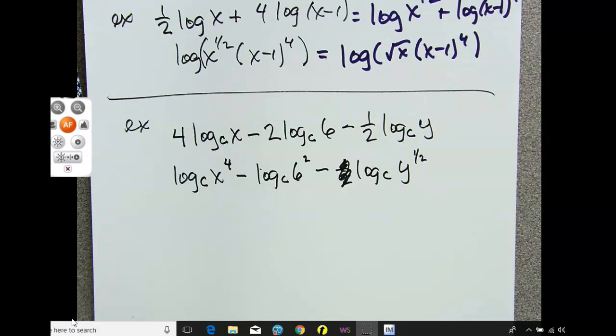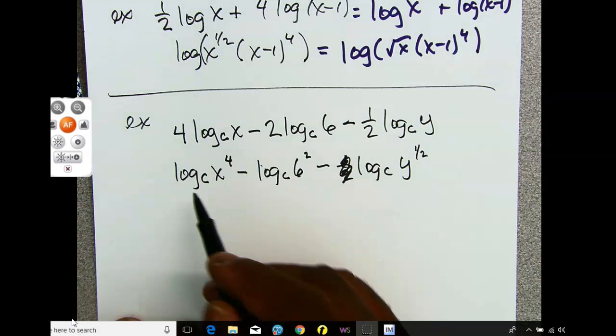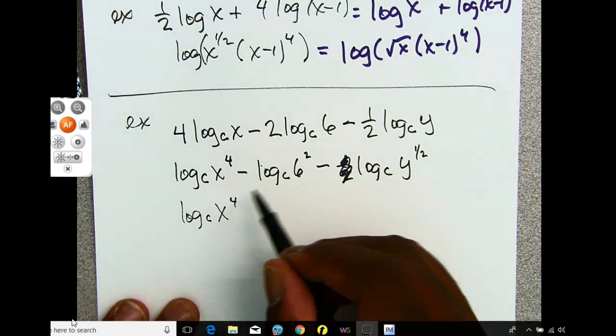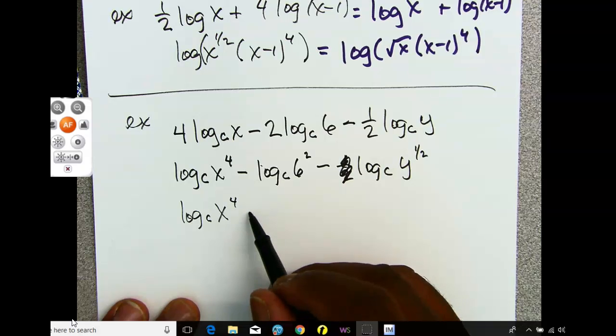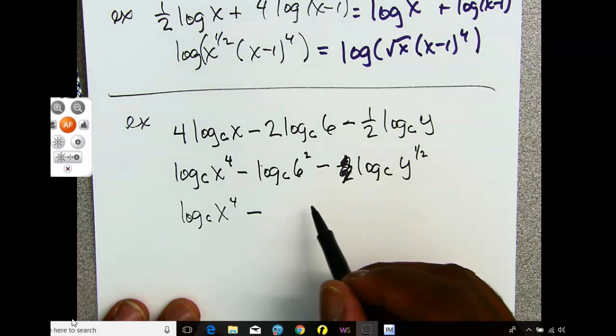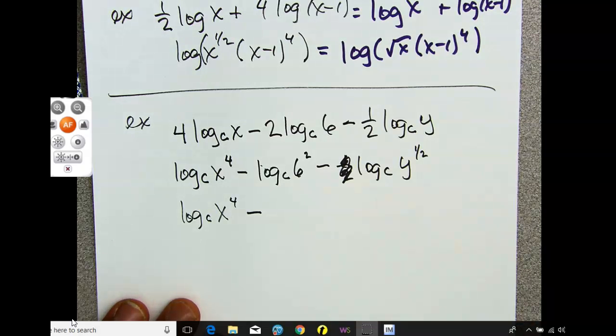So I think I understand what you're saying. So log base 4, then you're saying, so this is minus, because you said a product rule. The only way I'm going to get a product is if I have a plus. Like minus log c of 6 squared and then plus log. So then I would have a parentheses. Yeah.